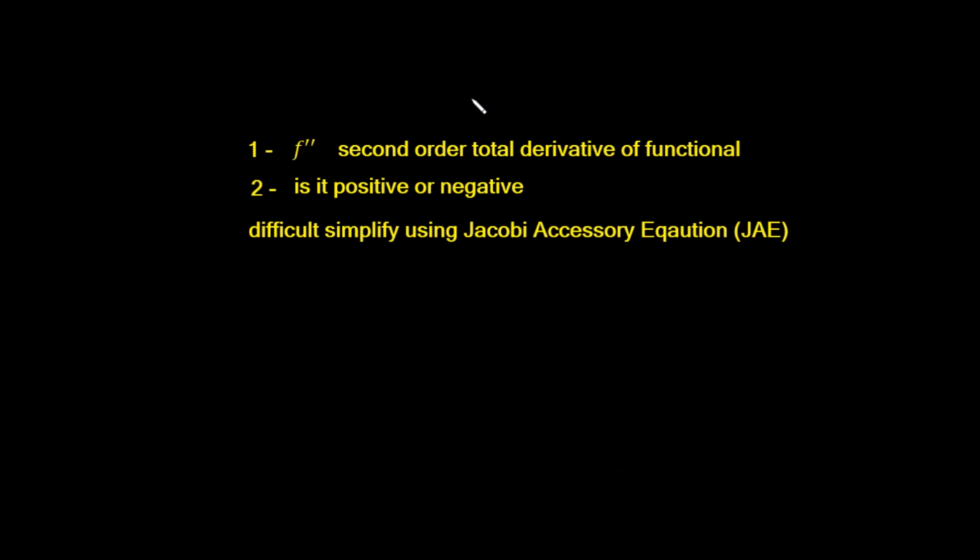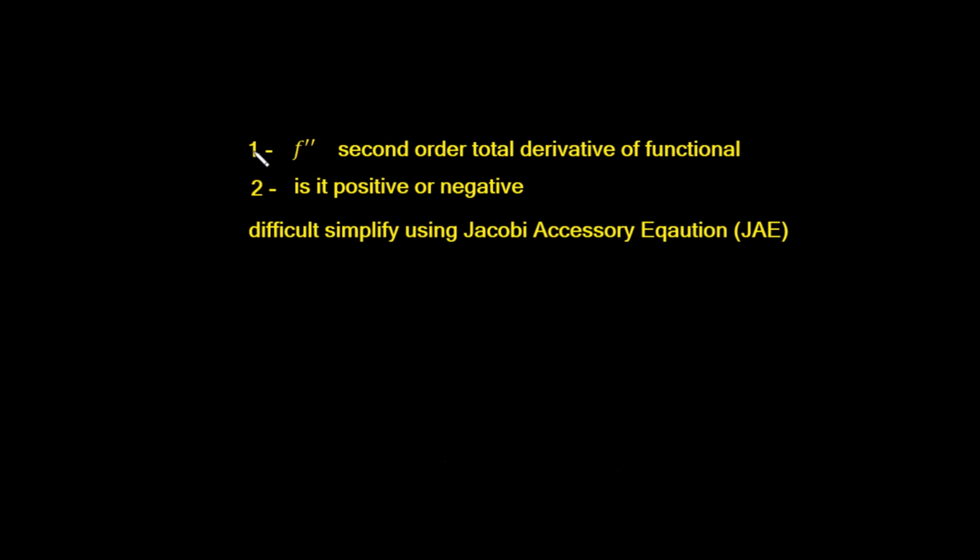Now this equation here is difficult to work with. So what we do is we can introduce another equation which we can call the Jacobi accessory equation, or we'll just name it JAE. And this Jacobi accessory equation, we can use in order to simplify the first equation. And when we've simplified the first equation, it makes it easier to work out whether it's actually positive or negative.